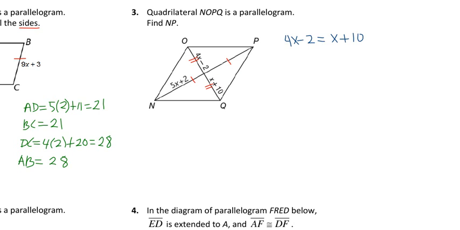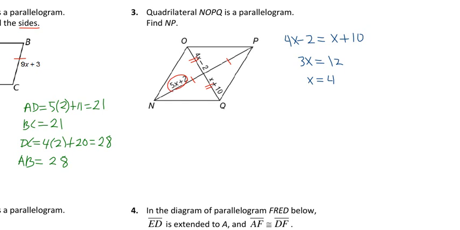Putting all the variables on one side, I have 3x, and all the numbers on the other side, I have 12. 3x is equal to 12, and then solving for x, I have that x is equal to 4. So now I know the value of x, so I can know how much this piece here is, which is 5x plus 2.